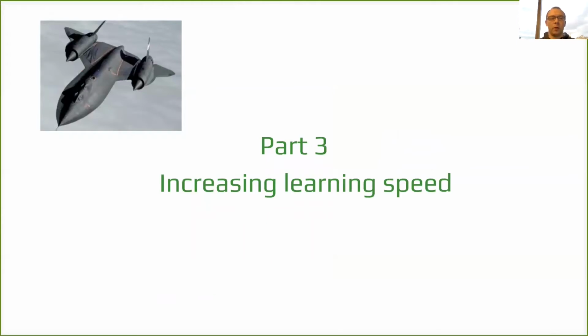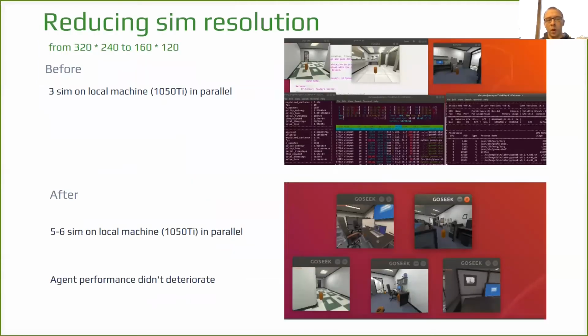We had not so powerful computers for learning, and to boost training speed, we had to resolve a couple of bottlenecks. First, we reduced the simulator output resolution to 160 by 120 to decrease video card memory and CPU utilization.